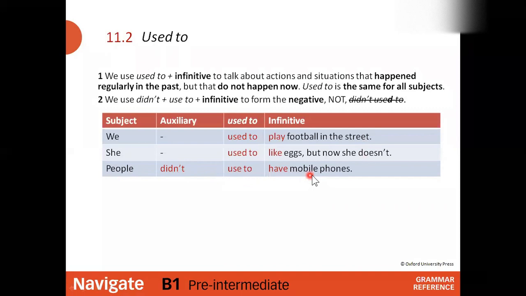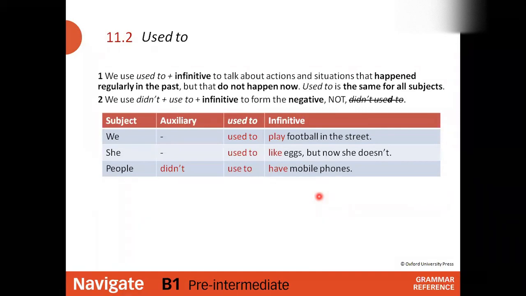People didn't use to have mobile phones. So before people didn't have mobile phones, now they have. So here you can see used to or didn't use to means something happened or didn't happen regularly, but now it doesn't happen or it has changed.